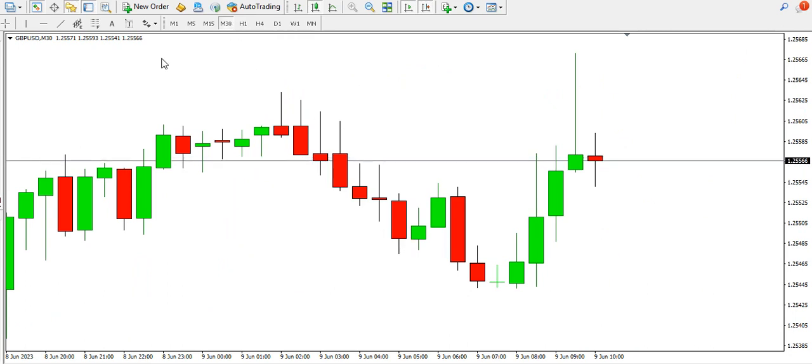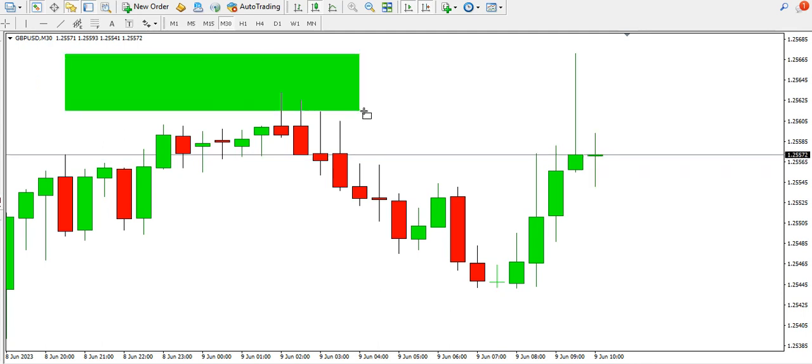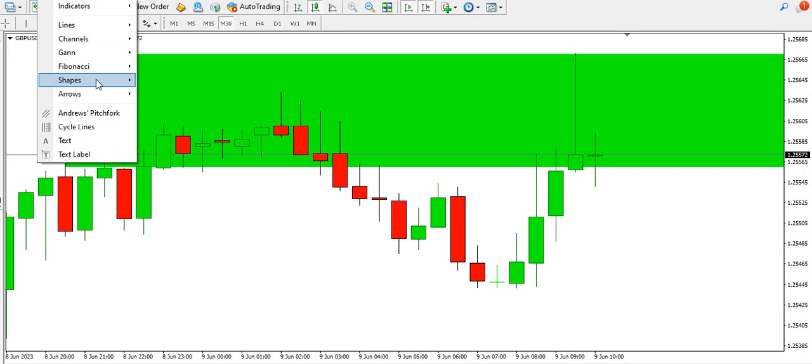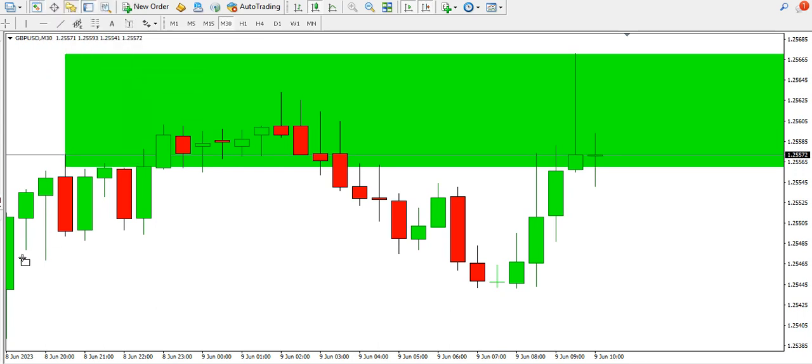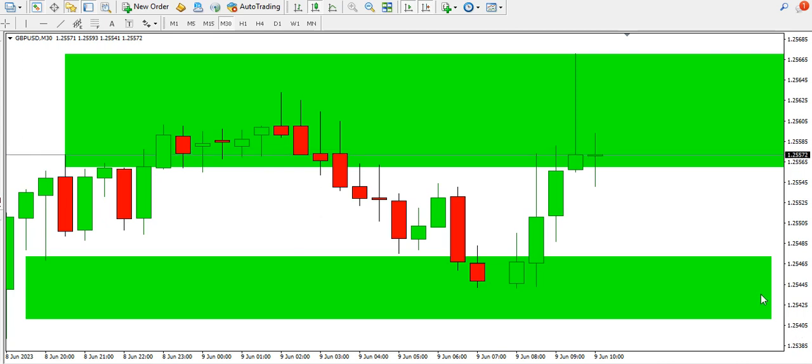What we have on the 30 minutes time frame is the fact that price is currently ranging. This is the range top, and this is the range bottom. More like the price is looking for a breakout. A break above this range, you might consider buying. A break below, you might consider selling for a short time before continuing to buy.